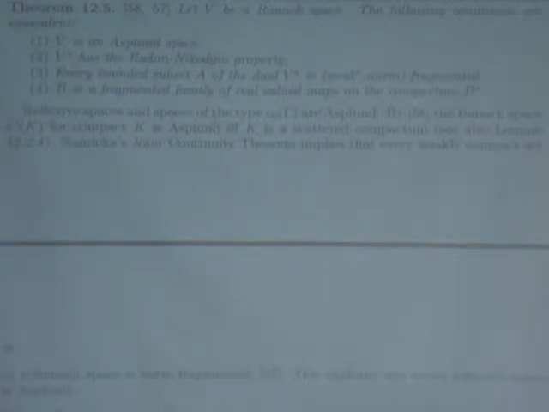For example, this explains immediately why C0 or the regular C is Asplund. Also, by the Namioka joint continuity theorem, it is easy to prove that every weakly compact subset is weak-norm fragmented.